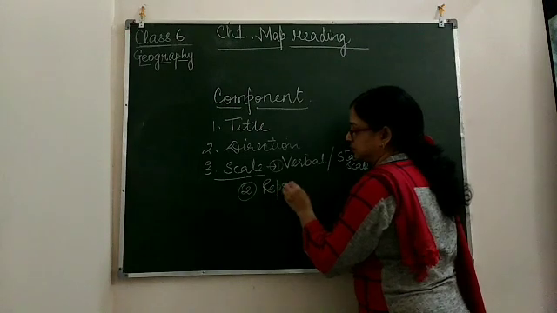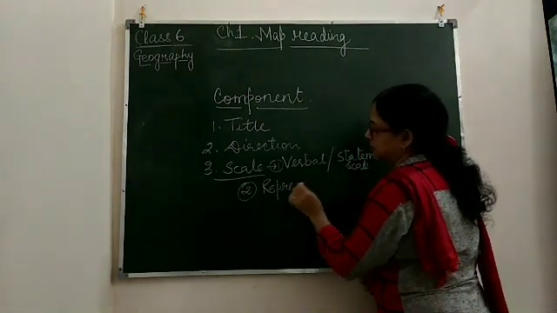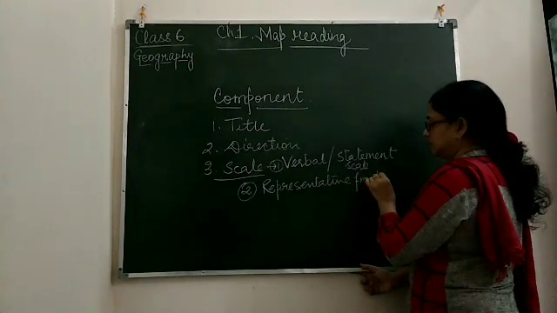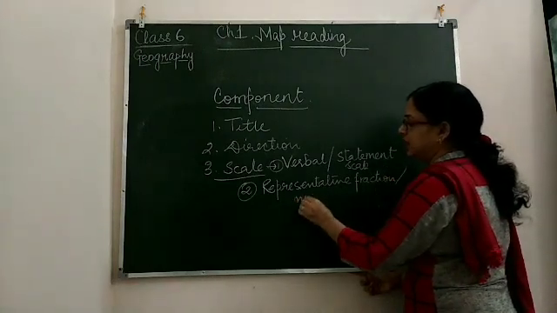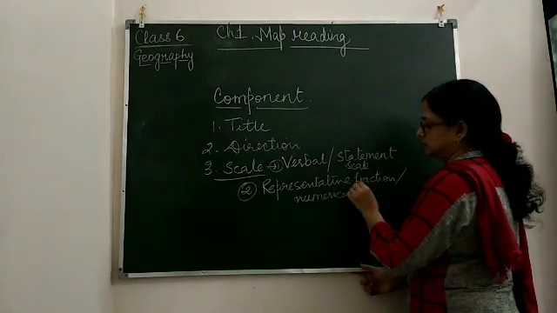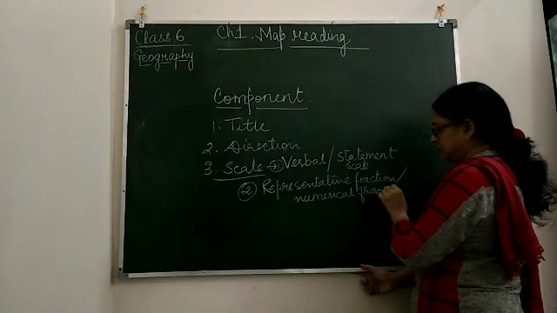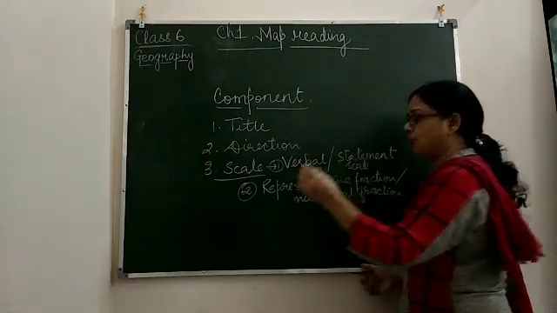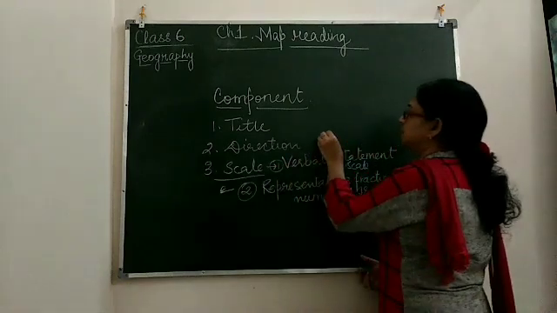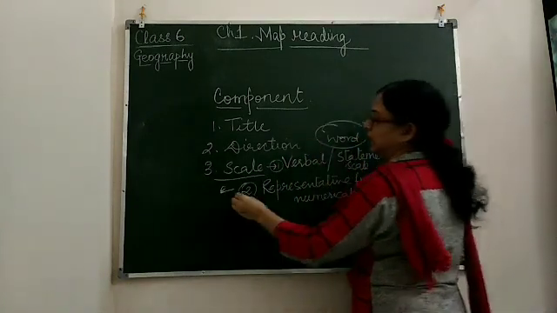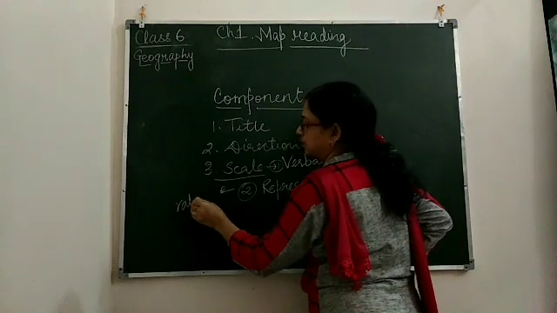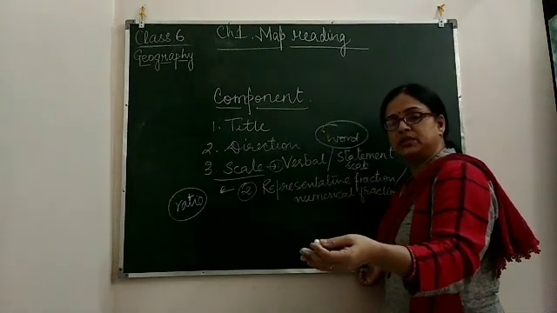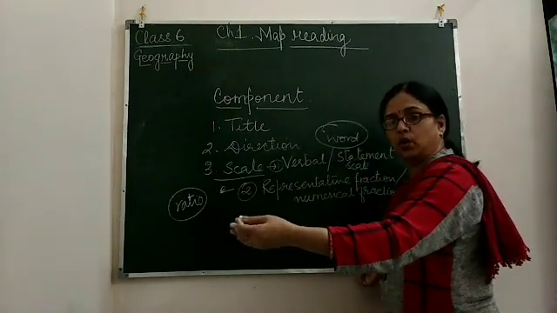The second method is the representative fraction, also known as the numerical fraction. It shows the ratio of what? Keep this in mind: the ratio of the map distance to the corresponding ground distance.